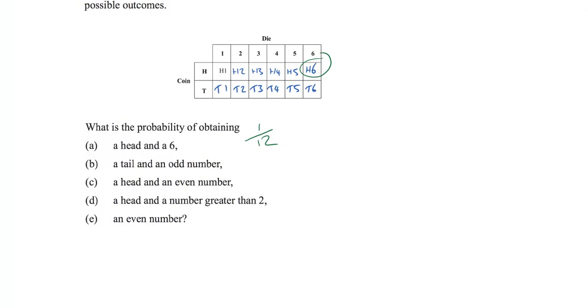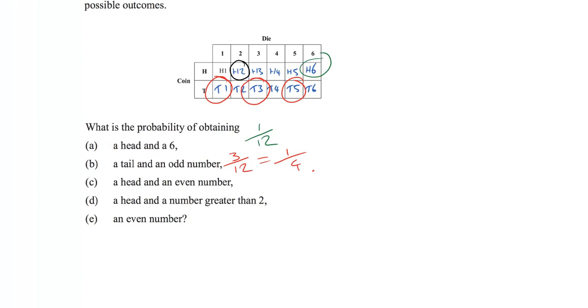Okay, on to B. A tail and an odd number. Right, so how many is there with that condition? 1, 2, 3. So this one is going to be 3 out of 12, which is, of course, 1 over 4. Next one, a head and an even number.